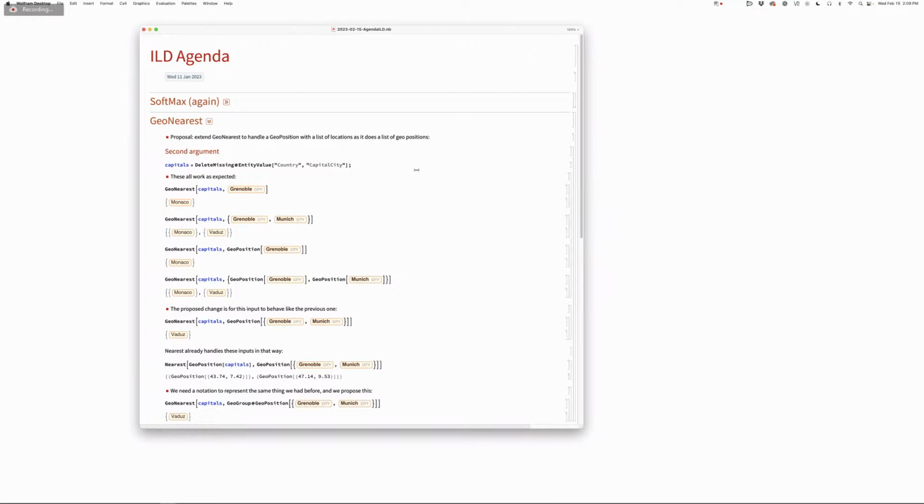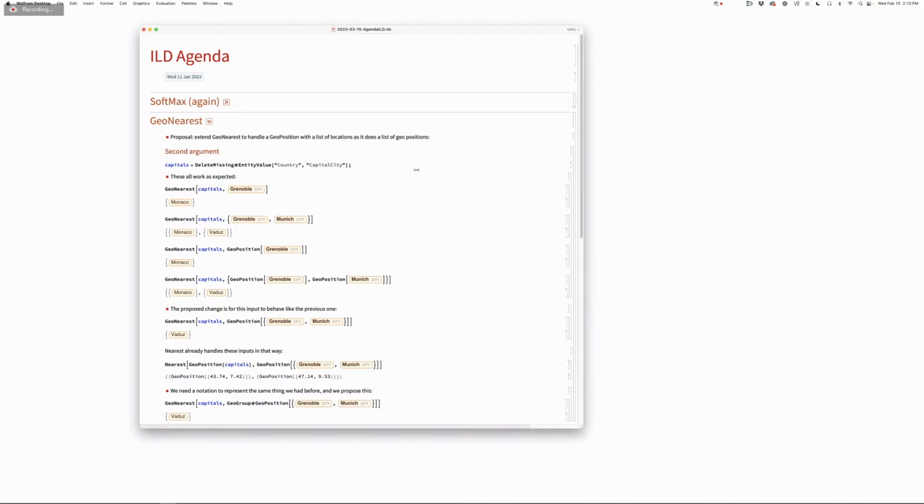So the idea here is that in nearly every place, GeoPosition of an array is interpreted as the array of positions, except for the second argument of GeoNearest, which does some sort of grouping. And we want to change that to be consistent with the rest. All right. GeoPosition of a list usually represents a collection of points.